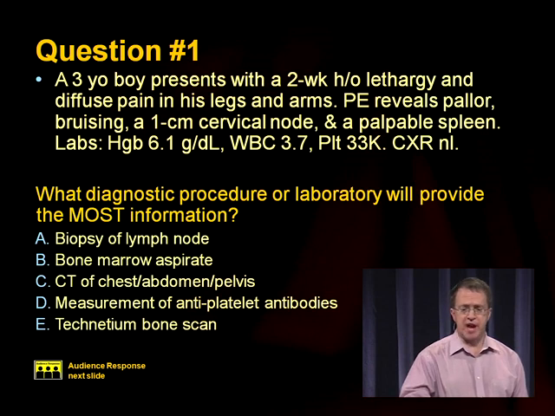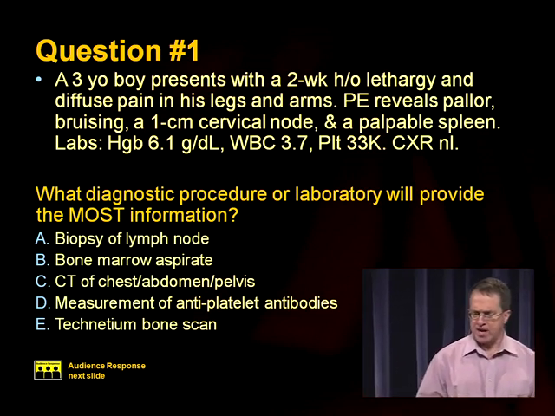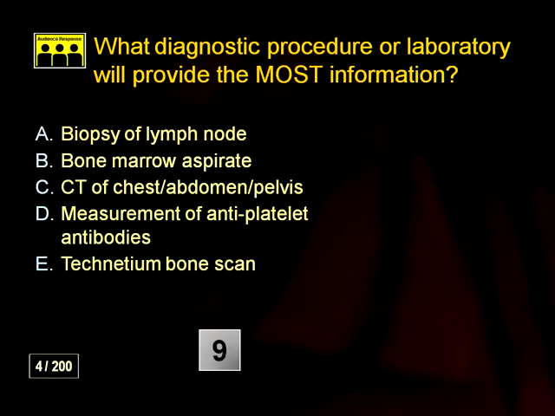His physical exam reveals pallor, bruising, a 1-centimeter cervical node, and a palpable spleen. His labs show a hemoglobin of 6.1, a white count of 3.7, platelets of 33,000, and he also has a normal chest X-ray. So what is the diagnostic procedure or laboratory that's going to provide the most information? Okay. So go ahead and make your vote.